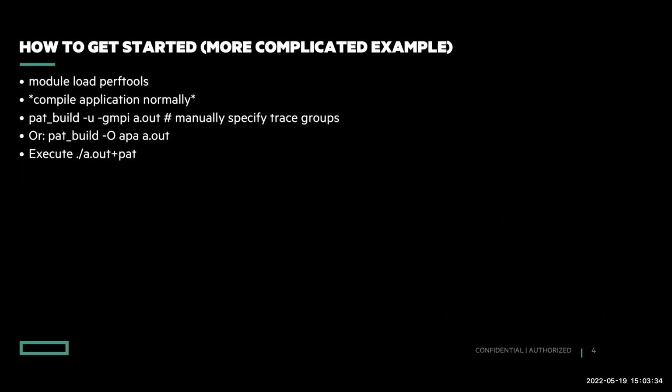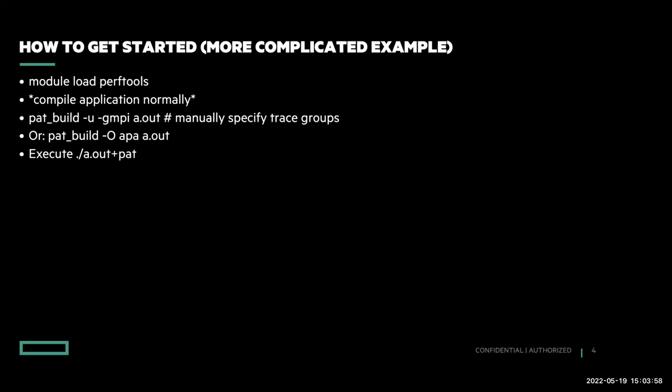In the light mode, the binary that you get out is your instrumented binary, and then you have a plus orig version of your binary that is your uninstrumented version. Things reverse when you use the perftools module. You compile as normal, and the binary that you get out is your uninstrumented version of the binary.